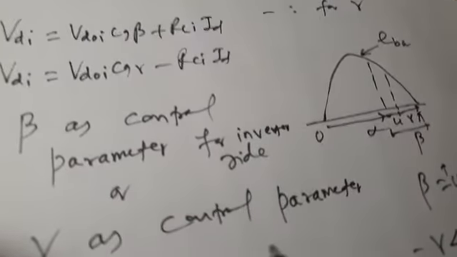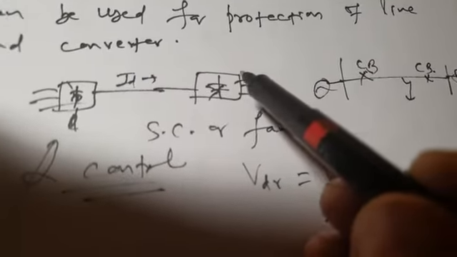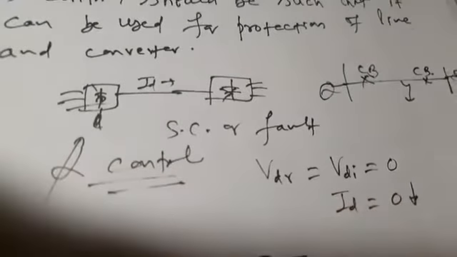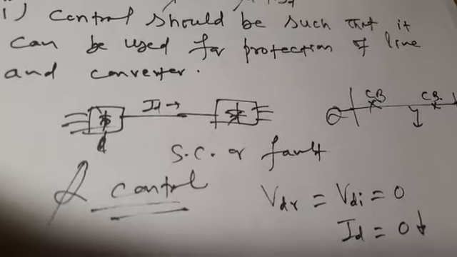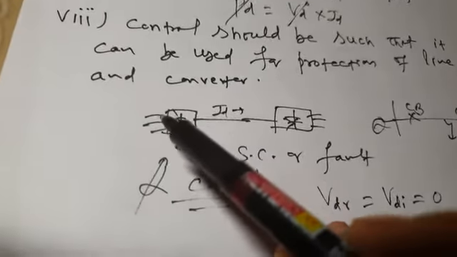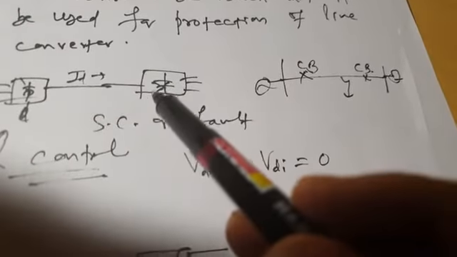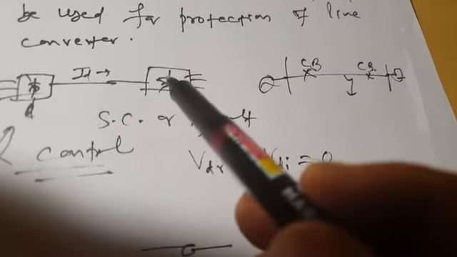Just like when you increase alpha on the rectifier side, it draws more and more harmonic currents. On the inverter side, if you increase beta, this inverter will also draw more harmonics and more reactive power. If you increase alpha here, it will draw more reactive power. If you increase beta on inverter side, your converter will draw more reactive power.